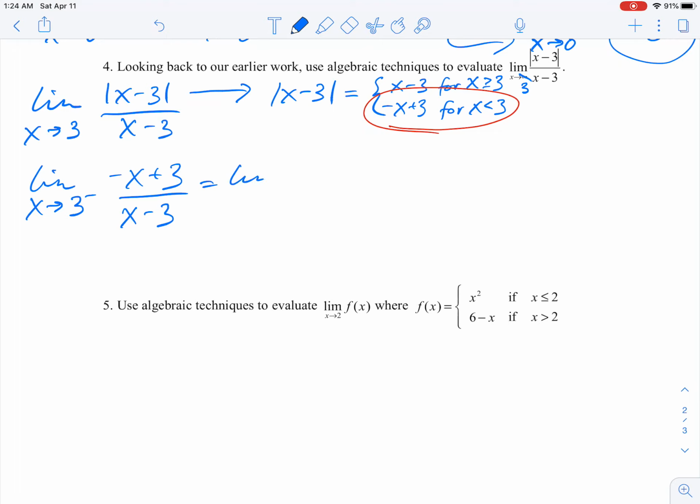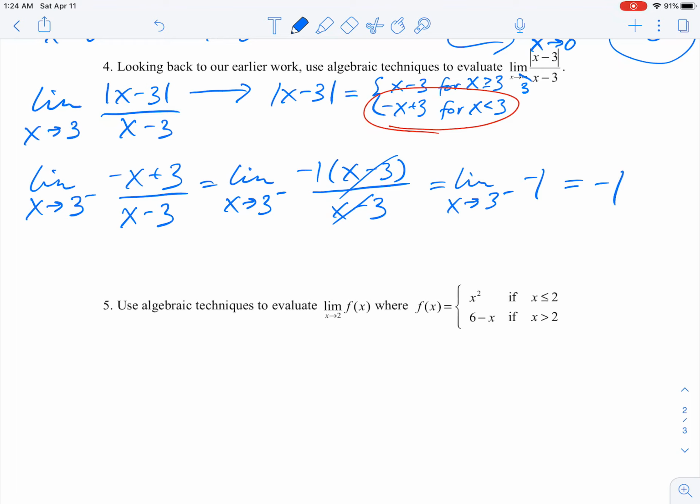Now this calls for some algebra. We're going to factor out a negative 1 up top. We'll get x minus 3. Down below we already had x minus 3. Those cancel. The limit as x approaches 3 from the left of negative 1 is simply negative 1. There's not even an x to mess with. It's just a constant, and you know the limit as x approaches anything of a constant is that constant. So there's that piece.